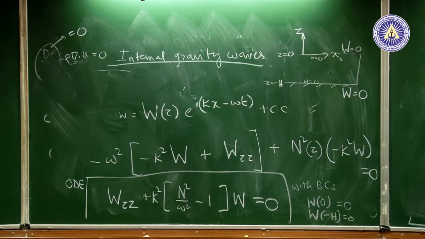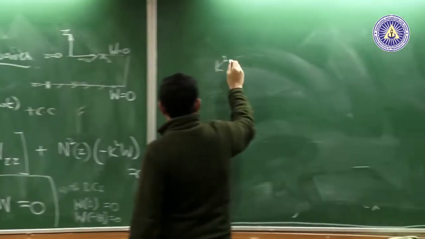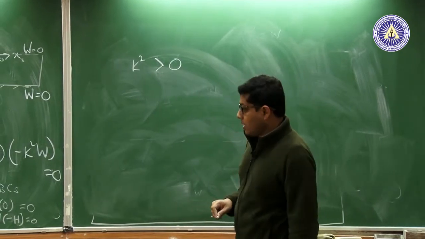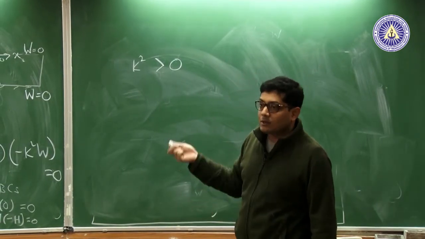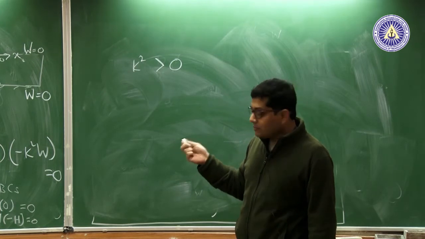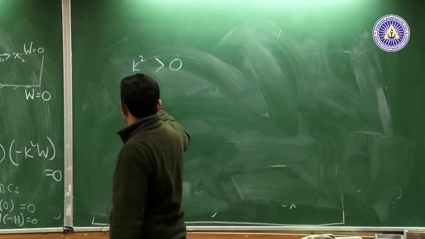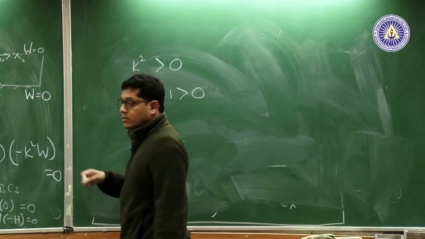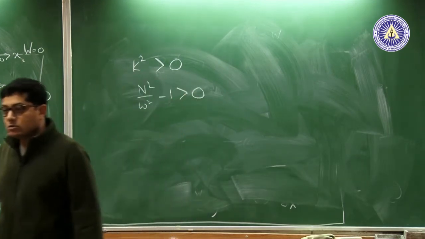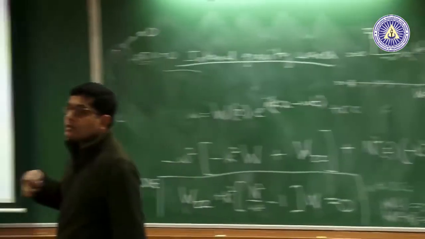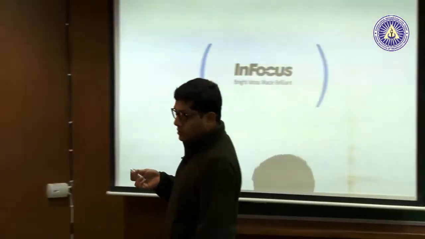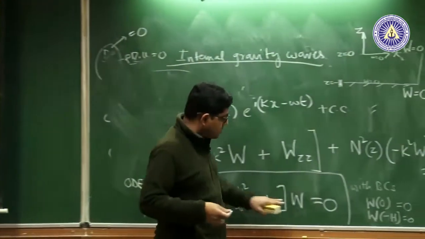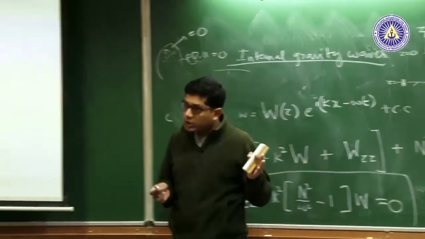So obviously, k square is positive. k being 0 does not give rise to an eigenvalue problem, and the other thing is n square by omega square minus 1 has to be positive for the eigenvalue problem to go through, otherwise it will be an exponential solution, right. If it gives rise to exponential solutions, it will be either exponentially growing or decaying.